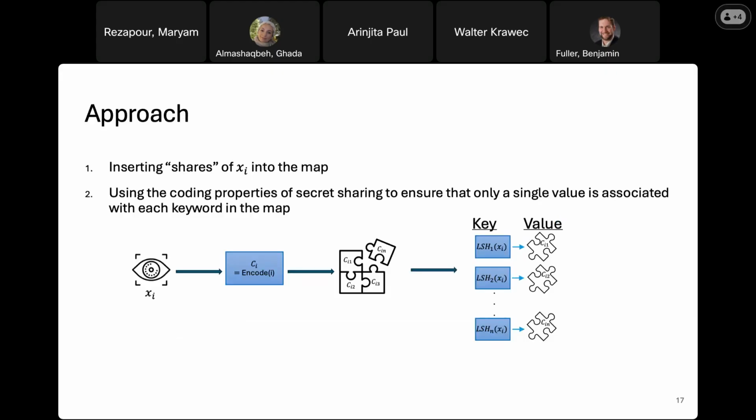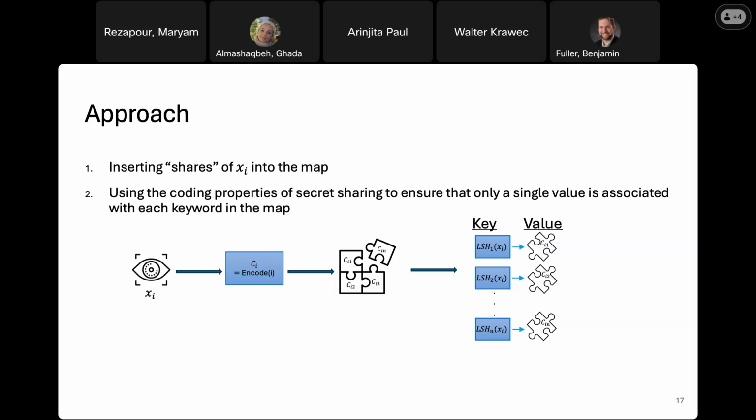So our approach here is that instead of using the xi's, we use the shares of the xi's and put the evaluation on the multi-map. We use the coding properties of the secret sharing scheme, the error correcting codes. If we have an iris reading xi, we take the index i, encode it to get the code word ci, and then split the symbols of that code word into n symbols if we have an (n, k) code.